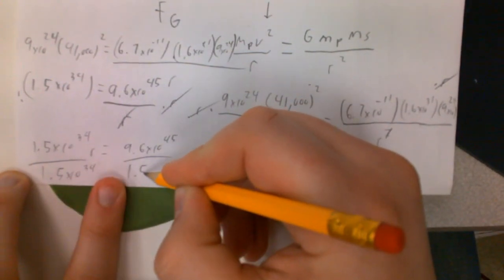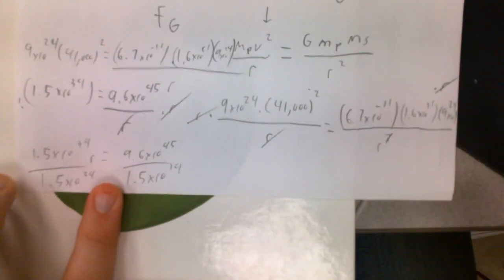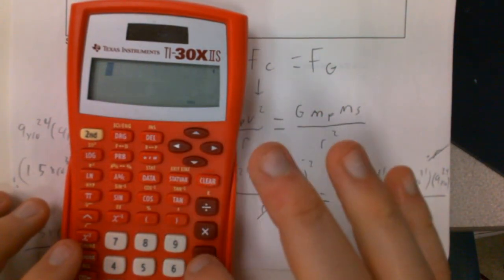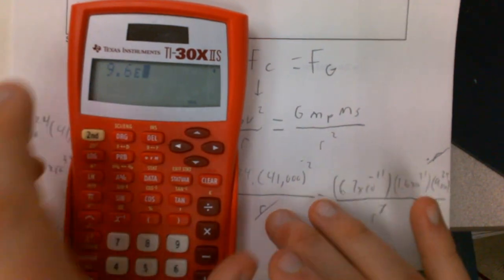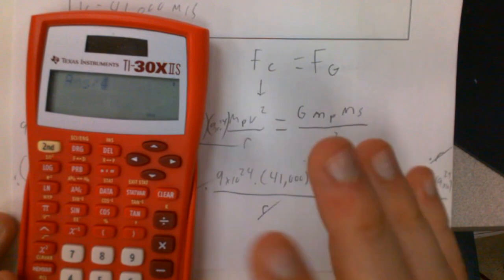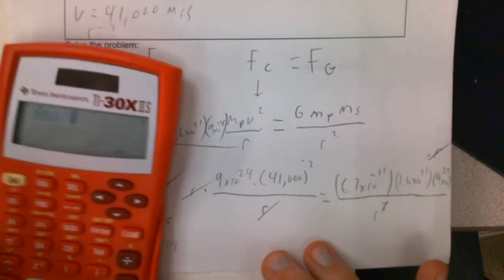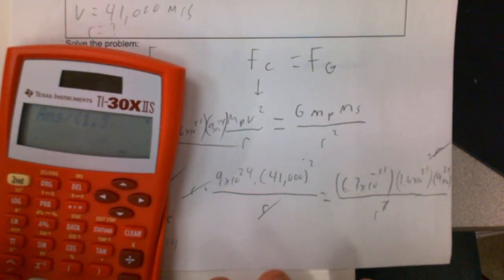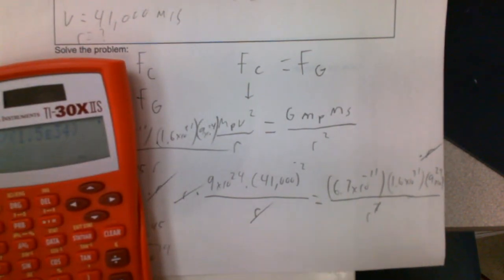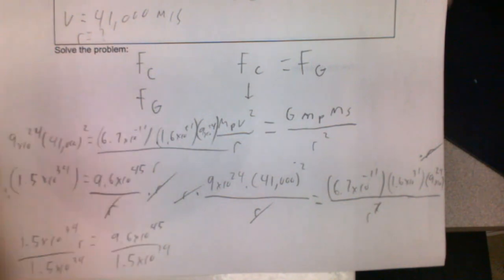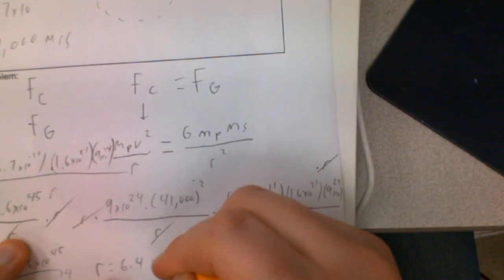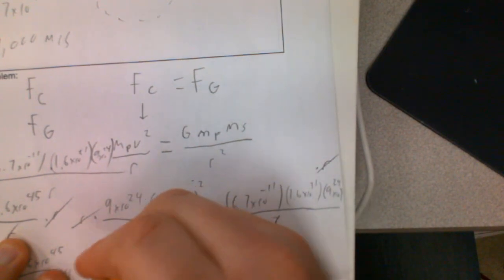So 9.6 times 10 to the 45th power is what that is, divided by 1.5 times 10 to the 34th power. And we get 6.4 times 10 to the 11th. So R equals 6.4 times 10 to the 11th power meters.